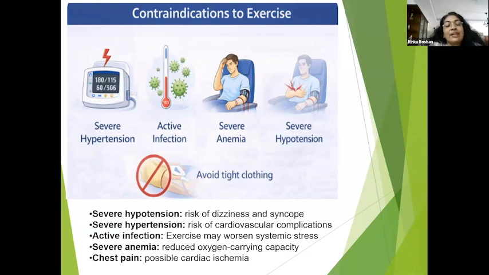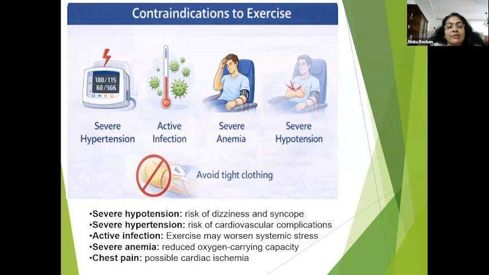Then severe hypotension. If the patient is saying, no, I'm having severe giddiness, soon after the dialysis or during the dialysis, if the patient is telling that they're having a syncope type of dizziness, then suddenly just stop the exercises.